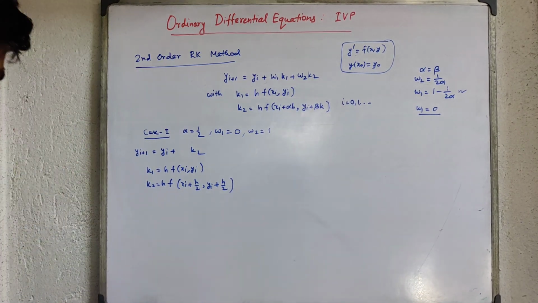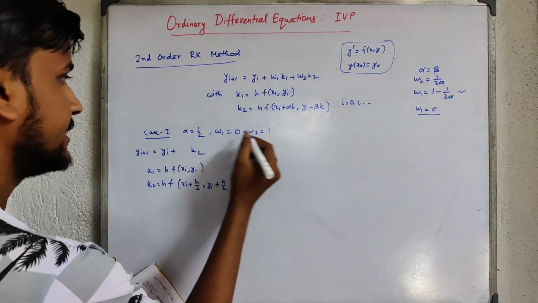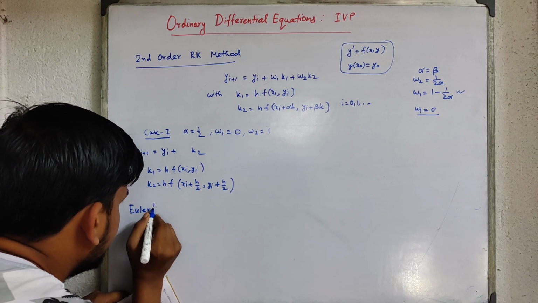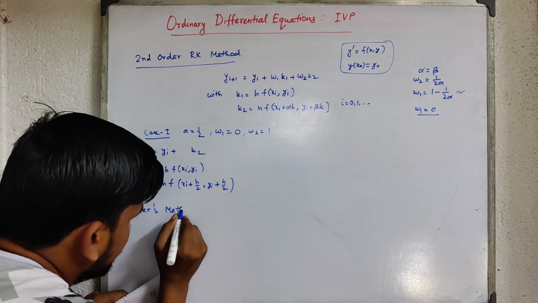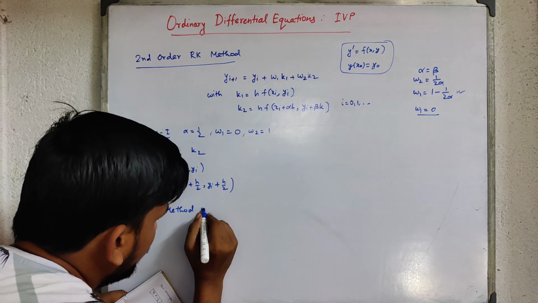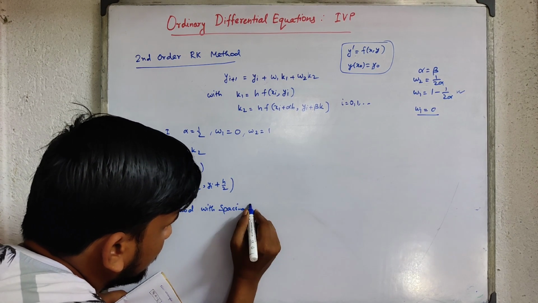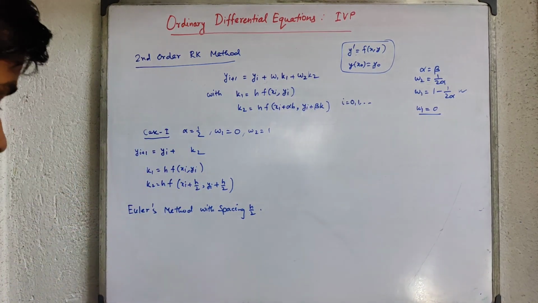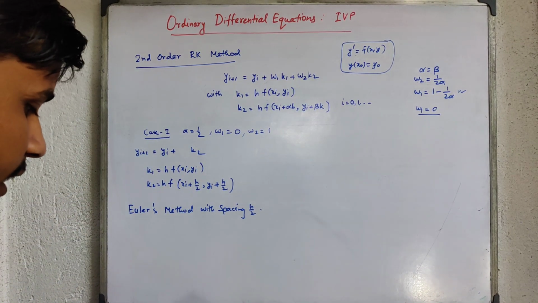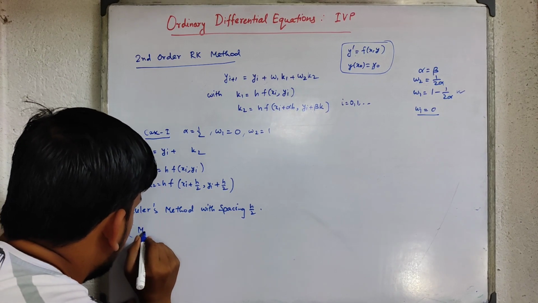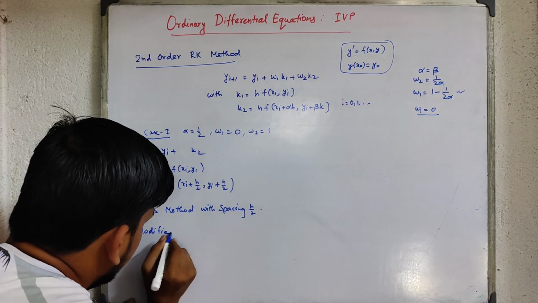This method, case 1, is known as Euler's method with spacing h by 2, and it is also called the modified Euler-Cauchy method.